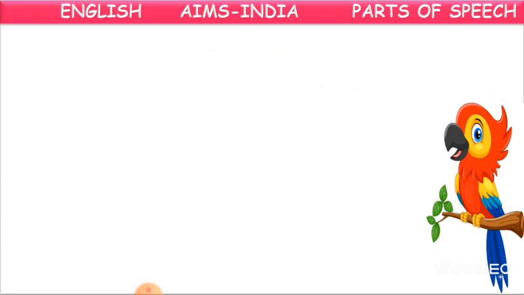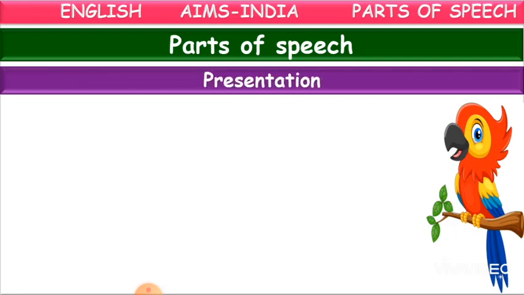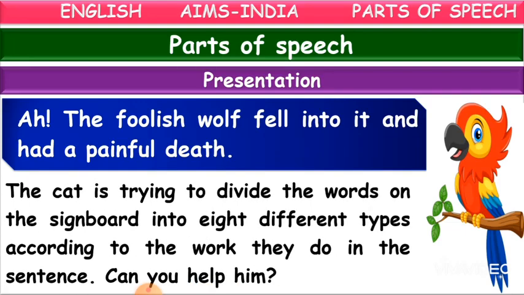Okay children, now here we have a presentation. Somebody is saying, "The foolish wolf fell into it and had a painful death." And who is telling it? Here, the cat.